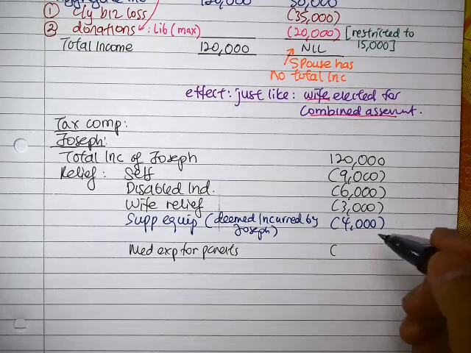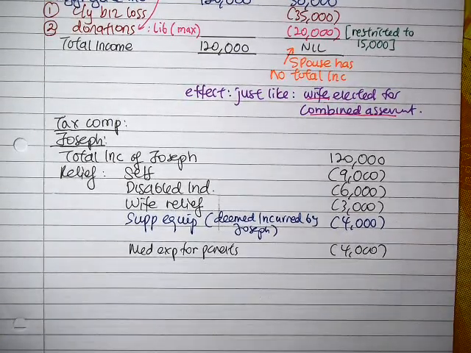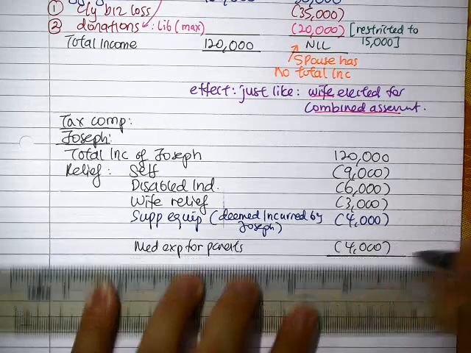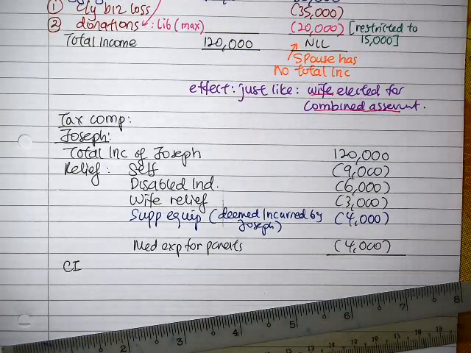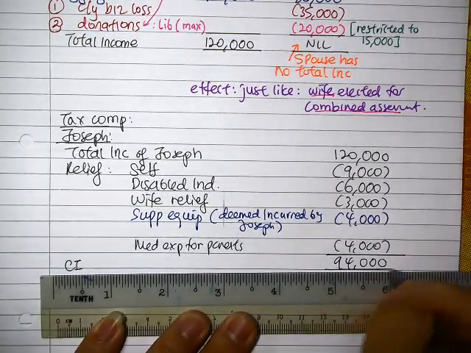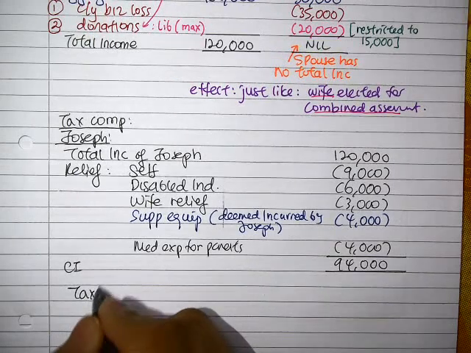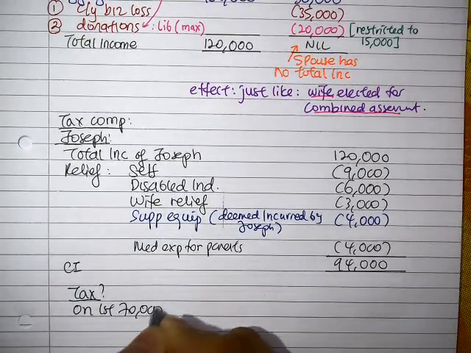Okay, now we are allowed to claim medical expenses for parent. So again, looking back into your notes, if you've forgotten this, medical expenses for parent can only be incurred by the taxpayer for the taxpayer's parent, and the deeming provision will not apply. So Joseph paid 4,000 for his parent, which of course this amount is eligible to Joseph.